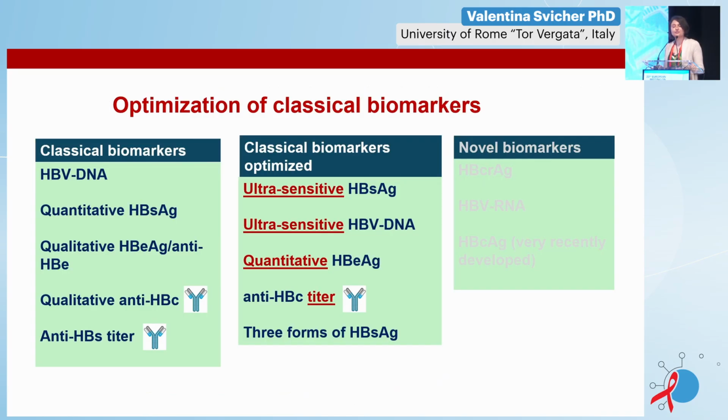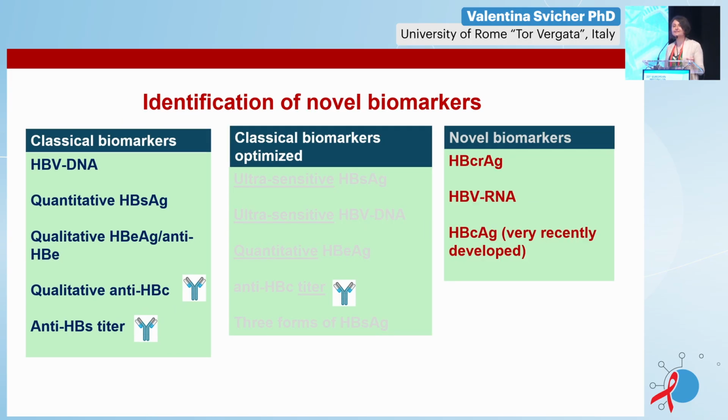This enlargement of HBV biomarkers has led to the optimization of classical biomarkers on one hand, in terms of improved sensitivity and in the capability to quantify biomarkers for which only a qualitative detection was available.